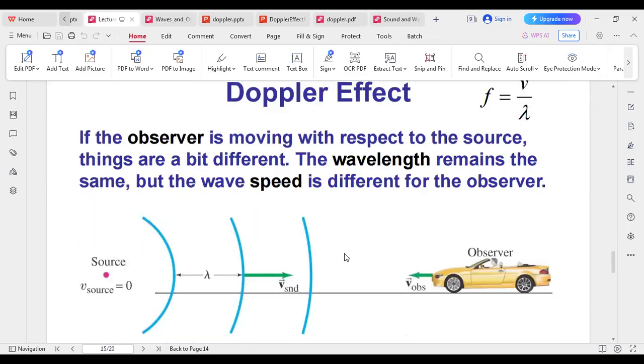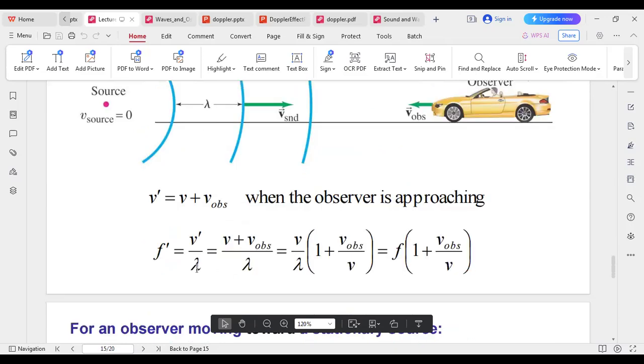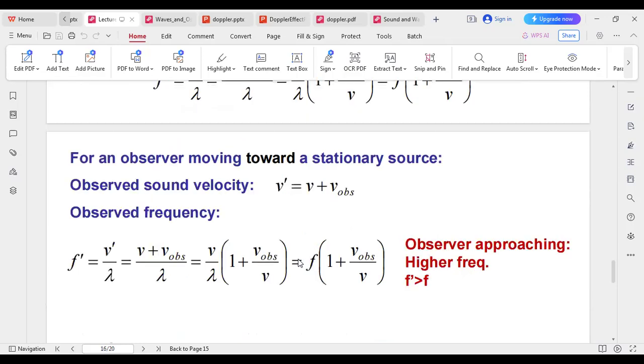If the observer is moving with respect to the source, things are a bit different. The wavelength remains the same, but the wave speed is different for the observer. The velocity changes to velocity plus the velocity of the observer when the observer is approaching. In that case, the pitch, or apparent frequency, will be this, for an observer moving towards a stationary source.